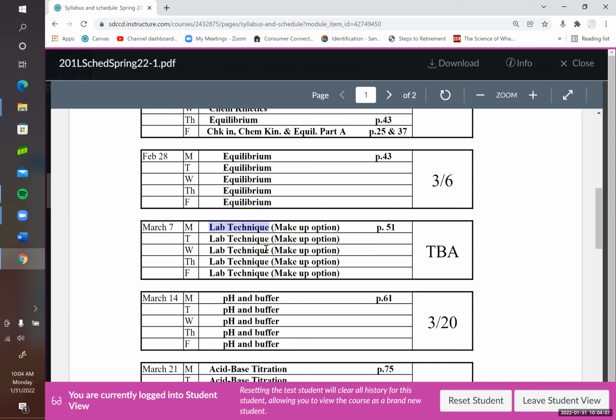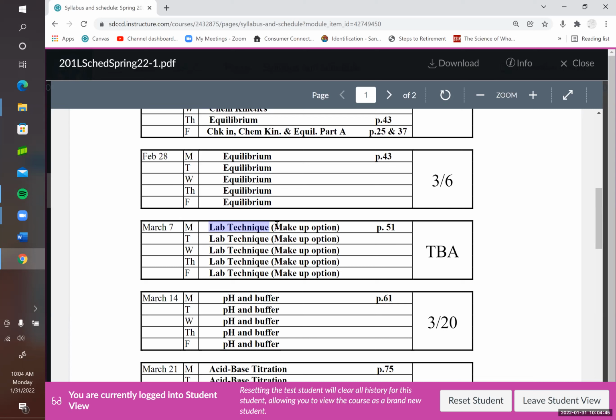It's kind of a thought experiment using statistics, where you look at different procedures in an experiment, and you try to think of what this error would do as far as your final results. So it's an interesting lab, and it helps you think about how procedures in lab affect your final result.